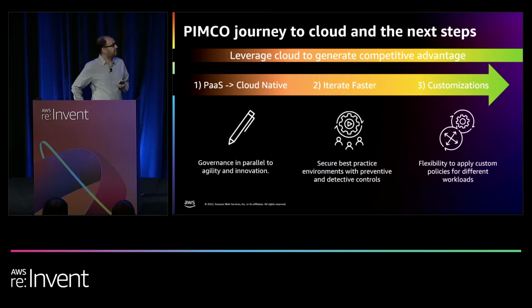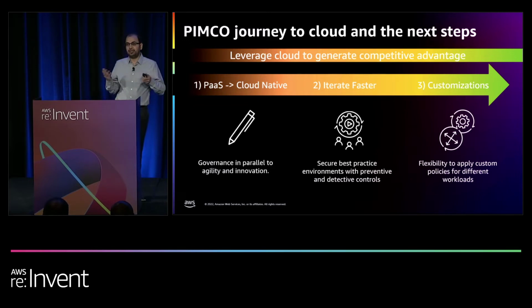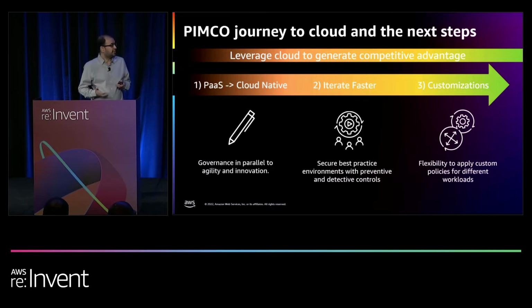Essentially, they want governance in parallel to agility and innovation and not sequential. They also want secure, best practice environments with preventive and detective controls already embedded. They essentially want things to fail right away if non-compliance is going to happen, right? So just fail right now. So preventive guardrails should be baked in. For detective controls, they want to reduce the time that it takes to identify and remediate issues.